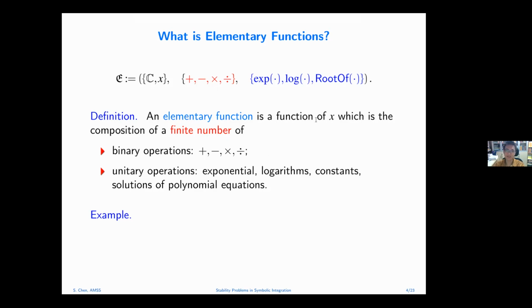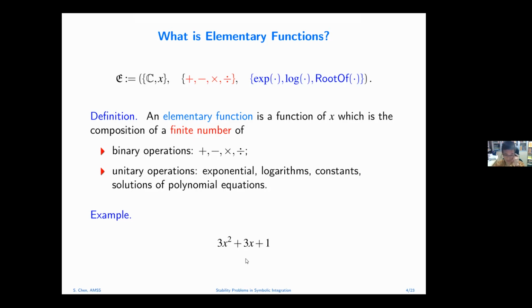An elementary function is a function of x which is the composition of a finite number of the following operations. You can use the binary operations: if you have some elementary functions, you can take the sum, difference, product, or quotient. And then you can also apply unary operations to the functions which you have already obtained in the previous steps, like taking exponentials and logarithms, and you can also solve a polynomial equation, which is called an algebraic extension.